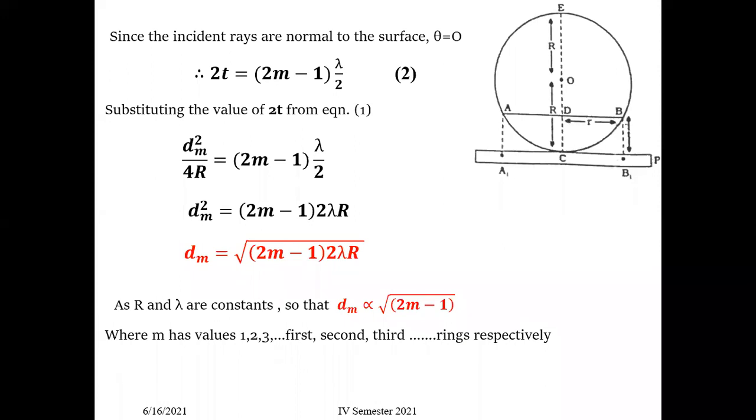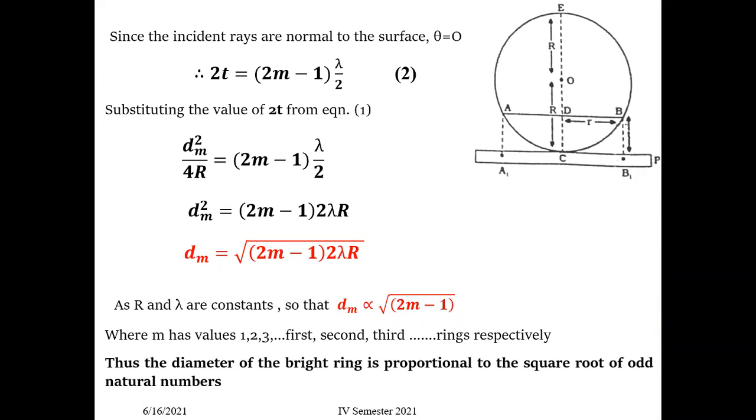If m is equal to 2, it is 3. That is an odd number, so the diameter of the bright ring is proportional to the square root of the odd natural number. Thus, the diameter of the bright ring is proportional to the square root of the odd natural number.